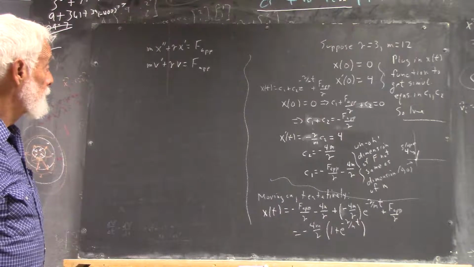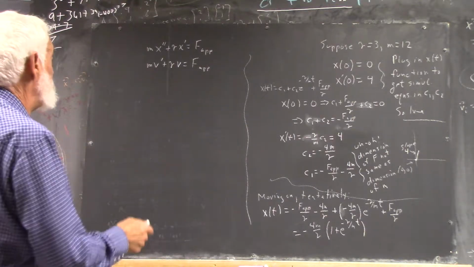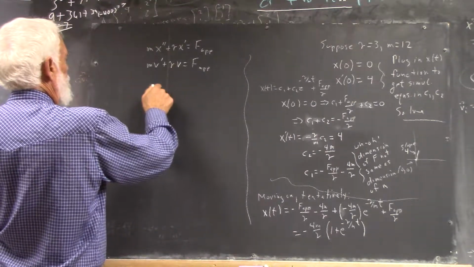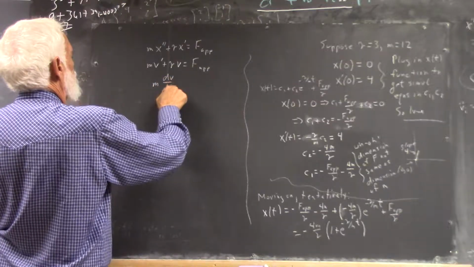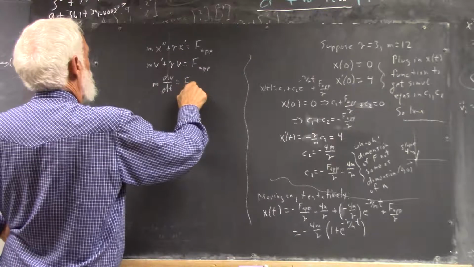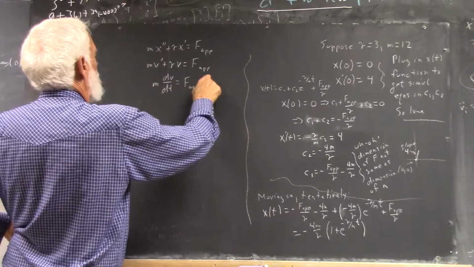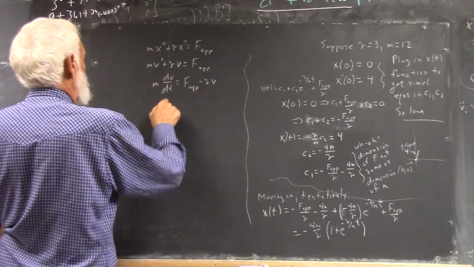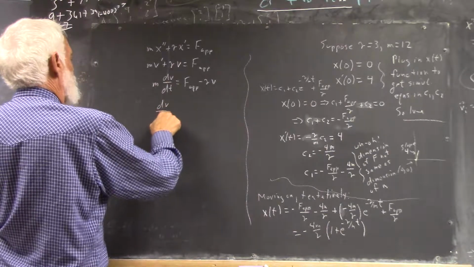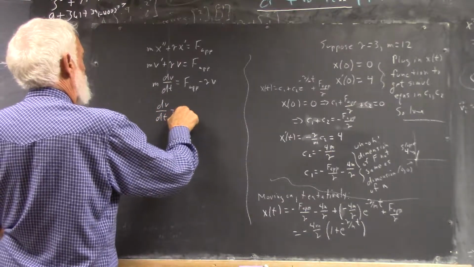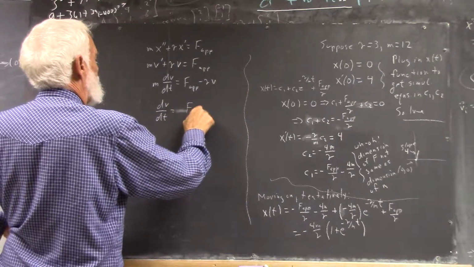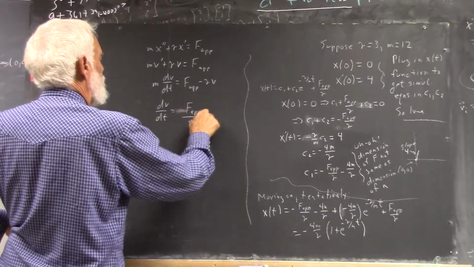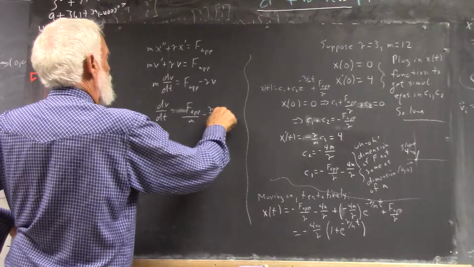Okay. And having written it this way, can't I write that as m dv/dt equals F applied minus gamma v, so that dv/dt equals F applied over m minus gamma over m times v?